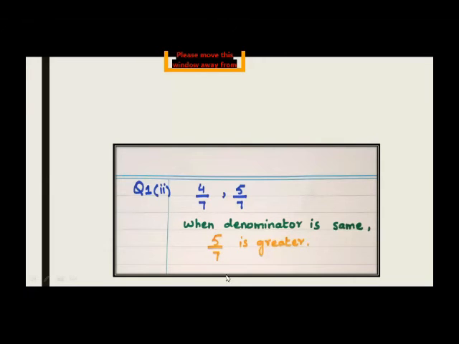So here 5 upon 7 is greater. Yes, many of the students answered in the chat box. You are right, 5 upon 7 is greater. When the denominators are the same, the greater the numerator, the greater the fraction. Very good, students.